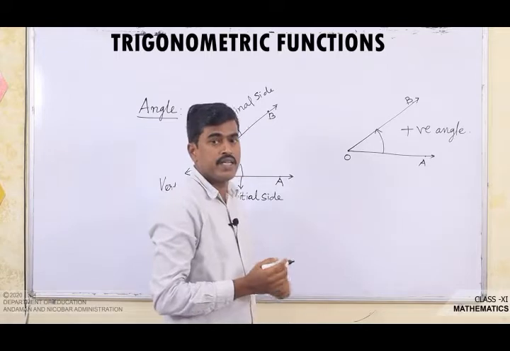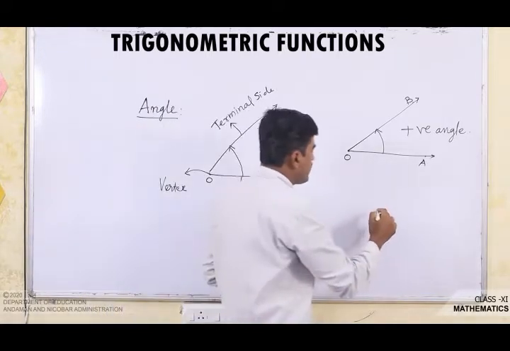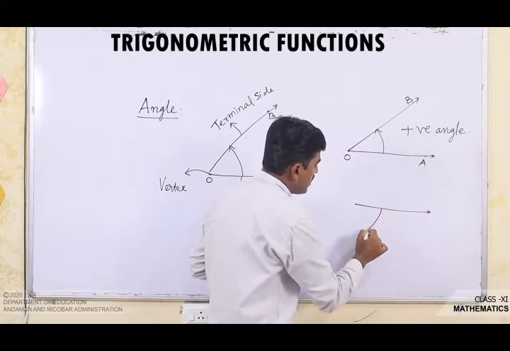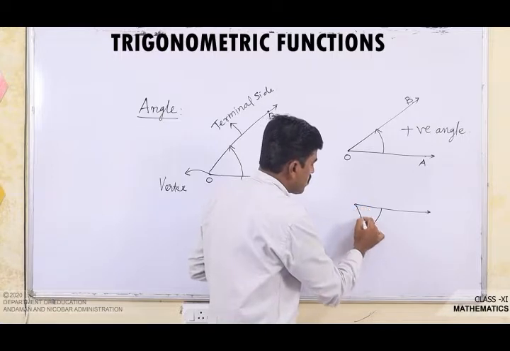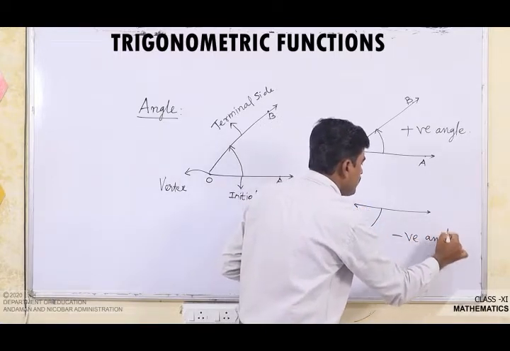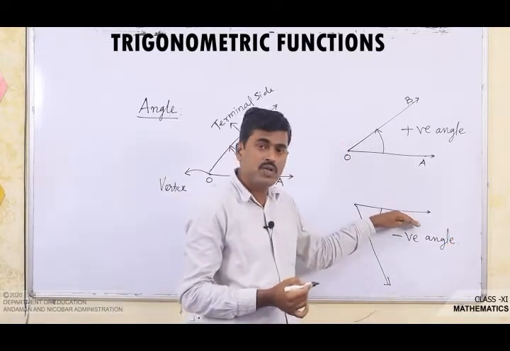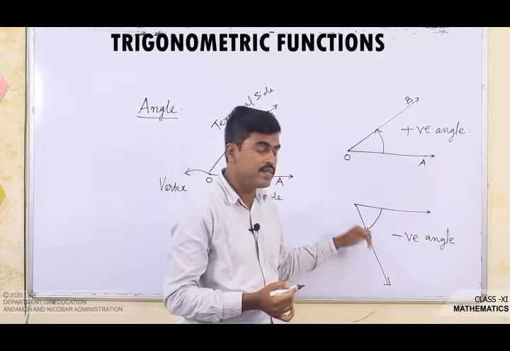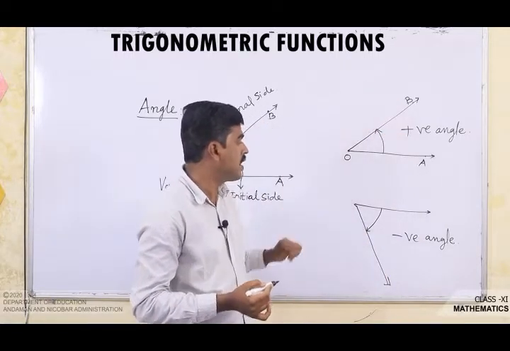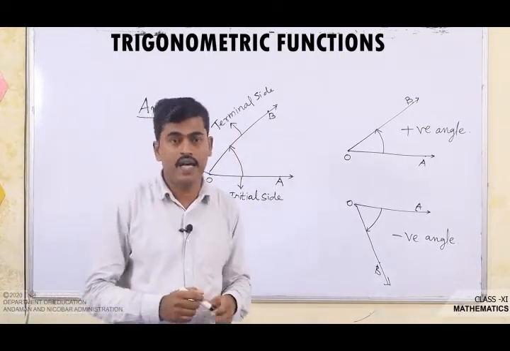If the rotation is clockwise, then we say the angle is negative. Now I am rotating this ray clockwise, so this angle is called a negative angle. The minus sign represents that the ray is rotated in the clockwise direction, and here it is rotated in the anti-clockwise direction.